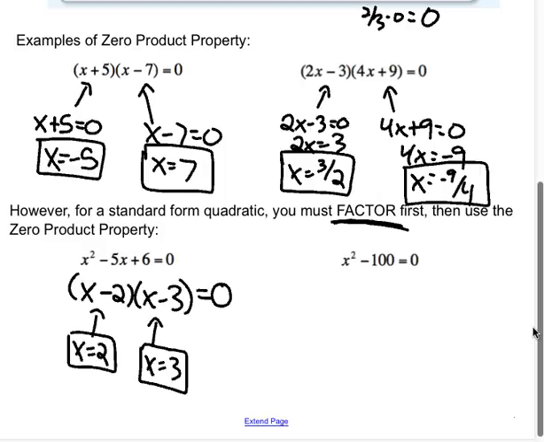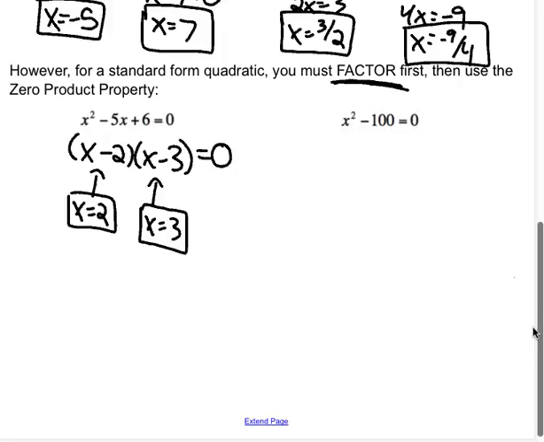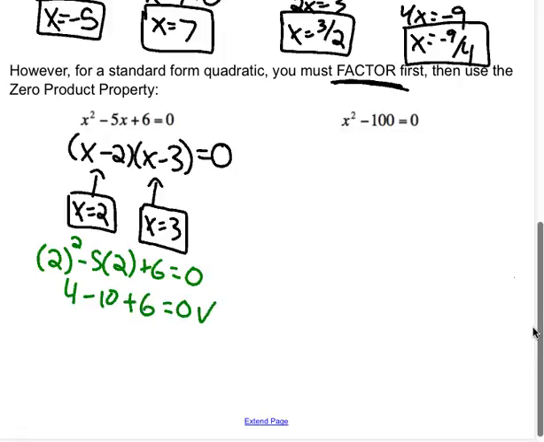And the cool thing is you can check your work. You can check to make sure that you just did this right. For example, if I want to convince myself 2 actually is an answer, let's just check our work. So here, 4 minus 10 plus 6, that does equal 0.